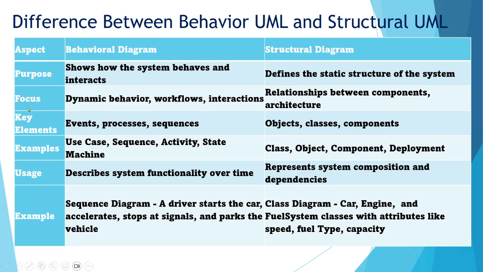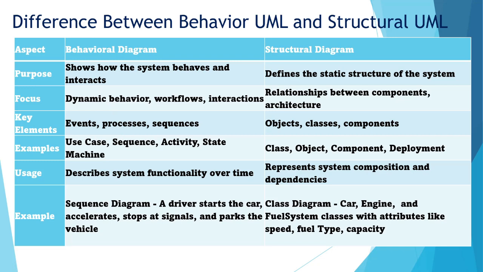In terms of focus, the behavioral diagram mainly focuses on dynamic behavior, workflow, and interaction within the components. And the structural diagram focuses on relationships among the components and architecture. Okay, the key elements considered within the behavioral diagram are events, processes, and sequence.